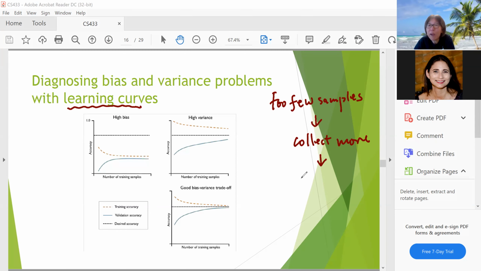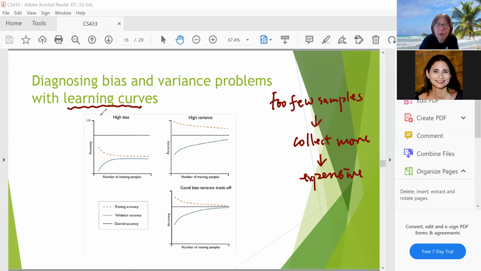But this sometimes may be very expensive. So a lot of the time we can use a learning curve to help us diagnose if our model is doing well. Here it gives us the different scenarios.